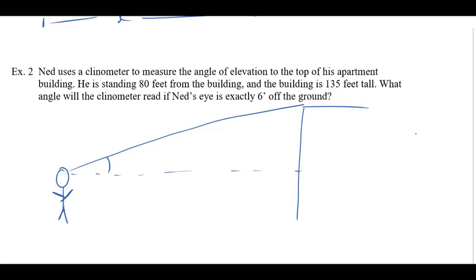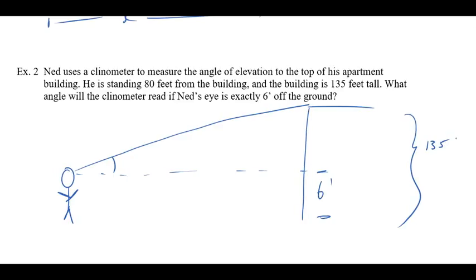His building is 135 feet tall, but he is about half of that. In my diagram that's drawn really nicely to scale, he is 6 feet. So once in a while, you have to kind of think a little bit, and that makes this 129 from here to here, and that's the triangle that you would use.